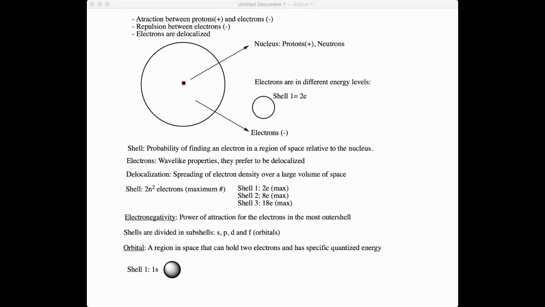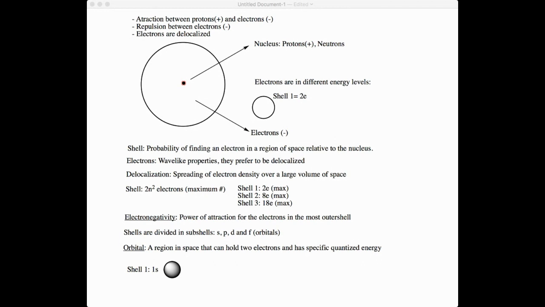This is the result of plotting some math equations, and that's where the sphere comes from. We can talk more about that when we go over molecular orbitals, but just to give you a brief explanation so you understand that this shape is not coming out of nowhere.